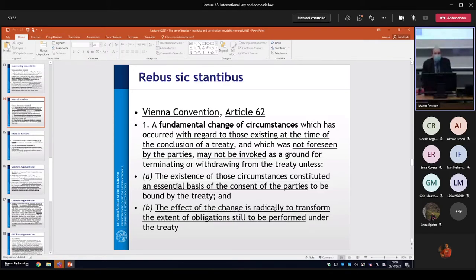It puts into question the principle pacta sunt servanda, and therefore courts are very strict in allowing the invocation of this provision.